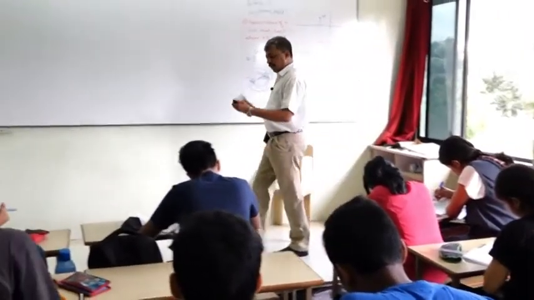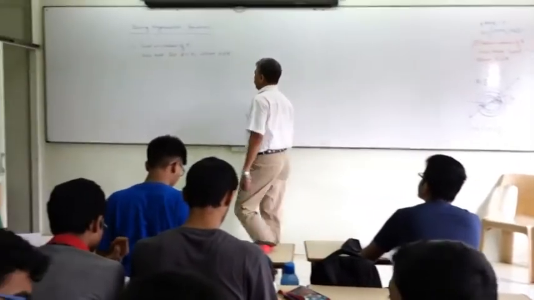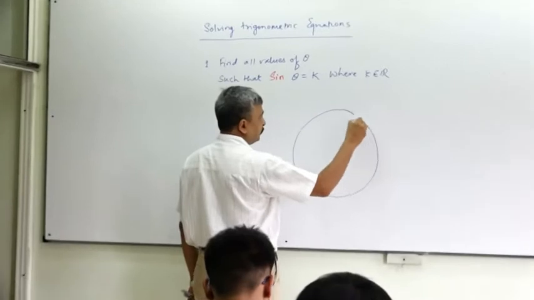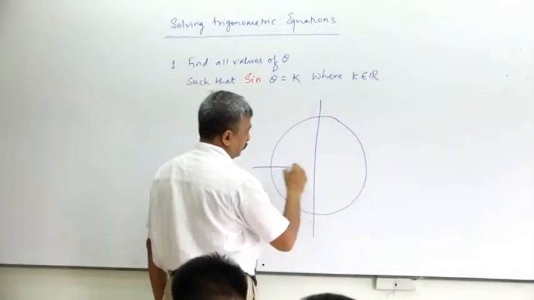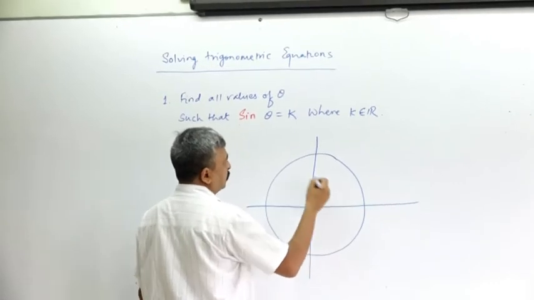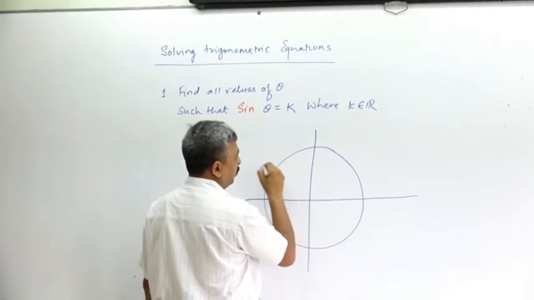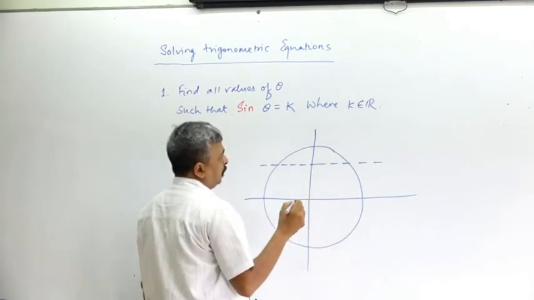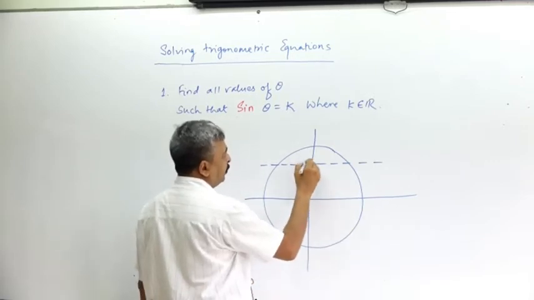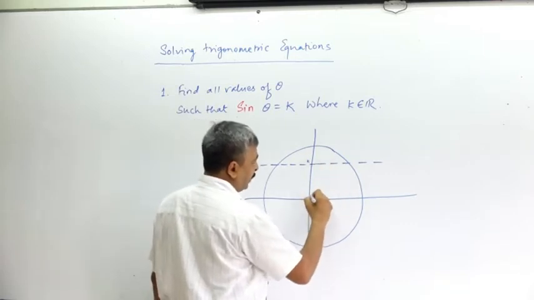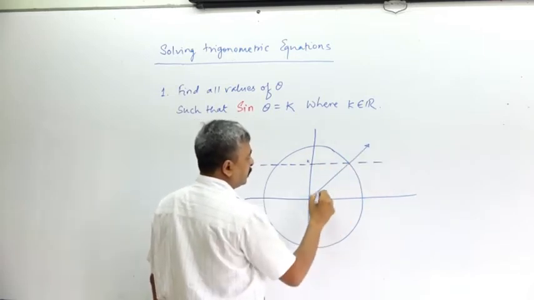Okay, let us look at what is the diagram that we are looking at. Suppose this is unit circle, and suppose some value is given. This is k value. So what we are supposed to do is draw horizontal line at that k value and look at y-axis. That means this is the sine, and then this is my terminal ray, this is theta naught.